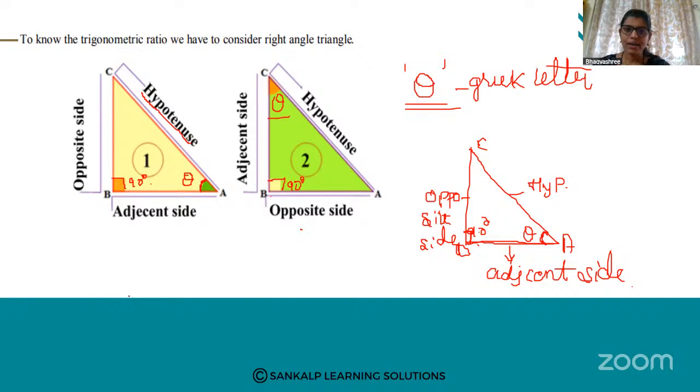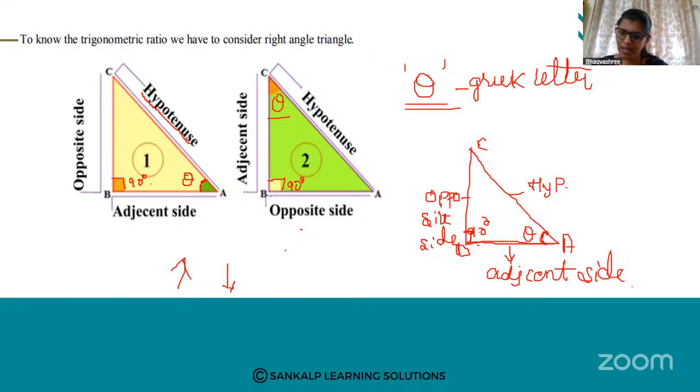Ratios are used when comparing two quantities, two things, right? One is tall, one is short. When comparing two things, that time you use ratios, right?